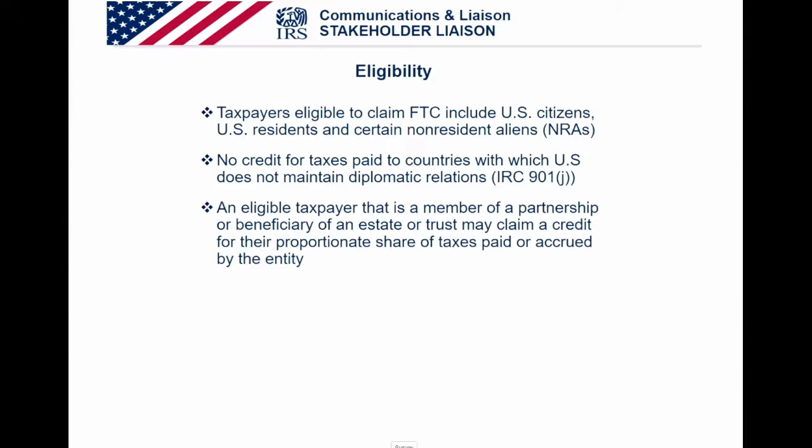However, some non-resident aliens and some foreign corporations, under certain circumstances, may be allowed the credit under Code Section 906 if they engage in a U.S. trade or business and have effectively connected taxable income. In this case, the NRA may claim an FTC for foreign income taxes paid with respect to that type of income.